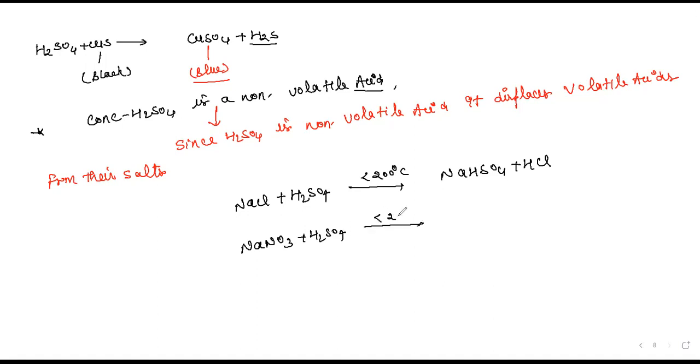Again, it gives NaHSO4 and HNO3. So these are volatile acids, and when the non-volatile compound reacts with their salts, it displaces the volatile acid, isn't it?